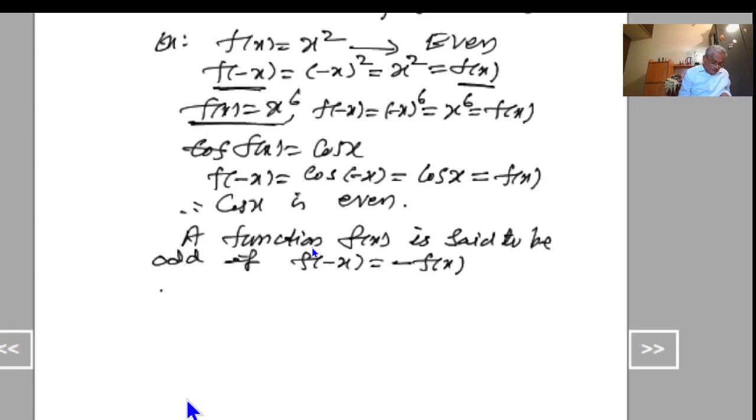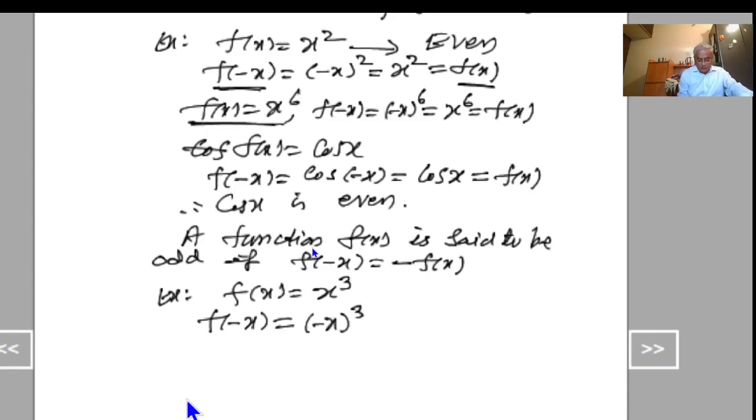For example, I will consider the example f of x is equal to say x cube. Then replacing x by minus x, we get here f of minus x equal to minus x whole cube. Minus x whole cube is nothing but minus of x cube.